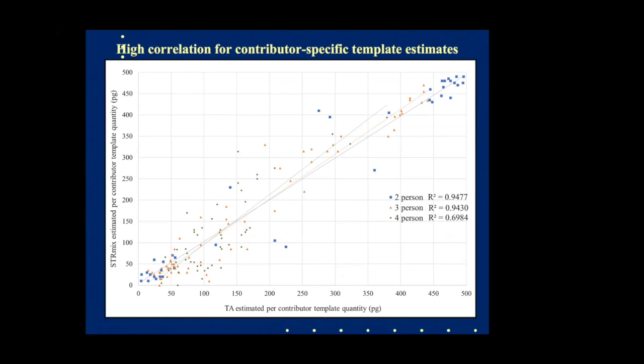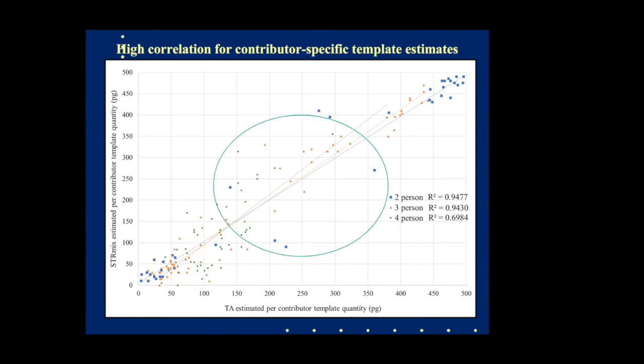The 2-person mixtures are shown in blue, and the R-squared was above 94%. 3-person in orange, and the R-squared was above 94% again. And for the 4-person, shown in green, the R-squared was a little bit lower, about 70%.